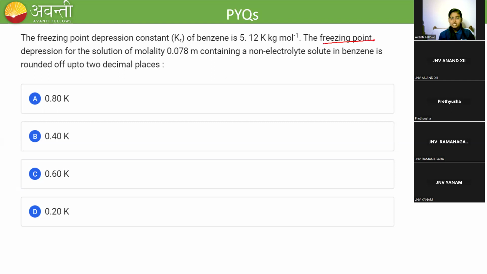Freezing point depression, delta Tf, will be calculated using Kf into m. So delta Tf is equal to Kf into m, where Kf is 5.12 and molality is 0.078.